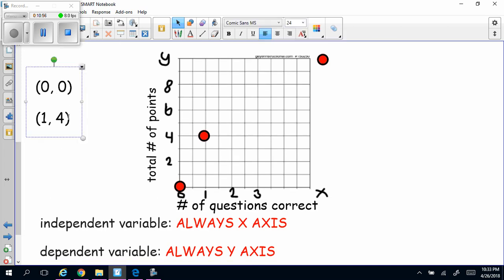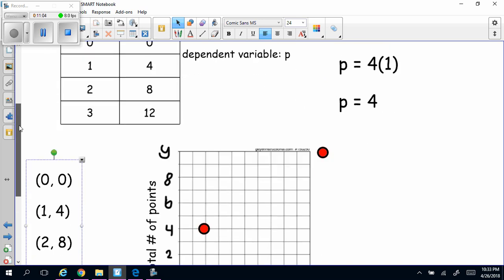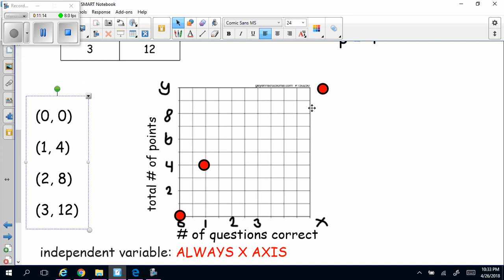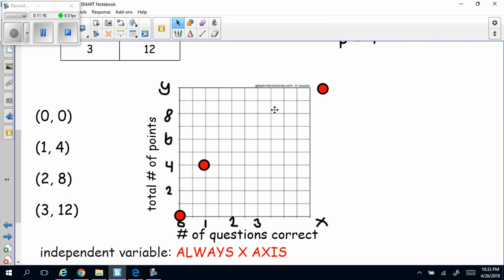So go ahead and make coordinates out of that. So it'd be 2, 8, and then 3, 12. Our graph is a little too small. That's okay. Just know that this would be 3, 12.